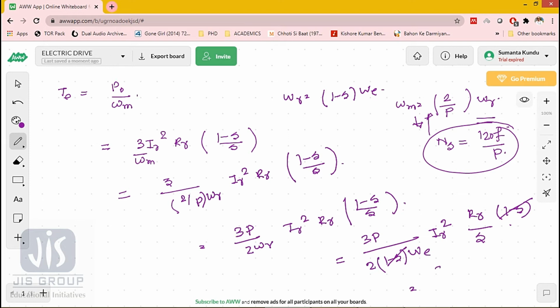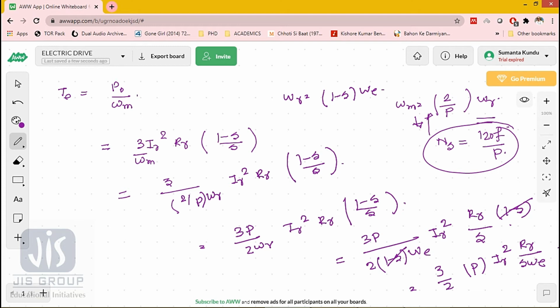So 3 by 2 into p into IR square RR by s omega e.